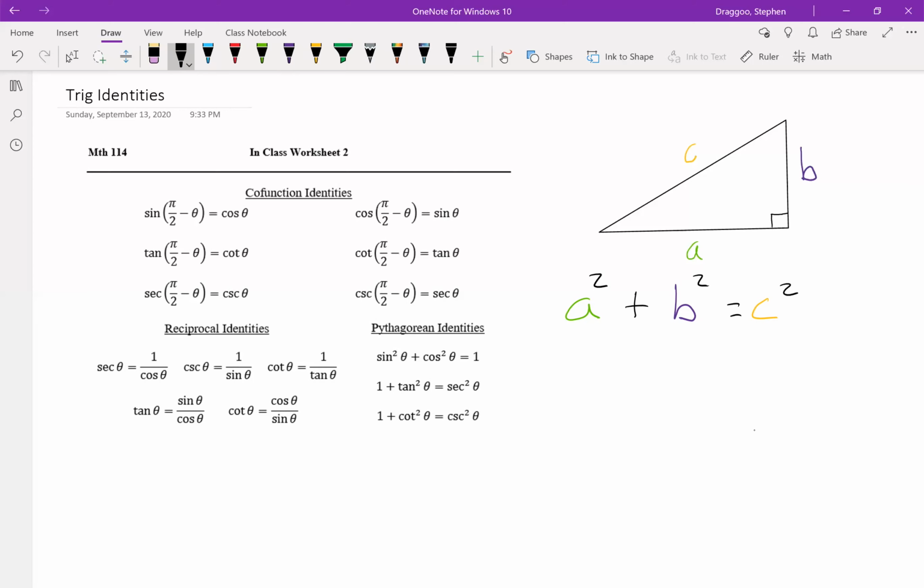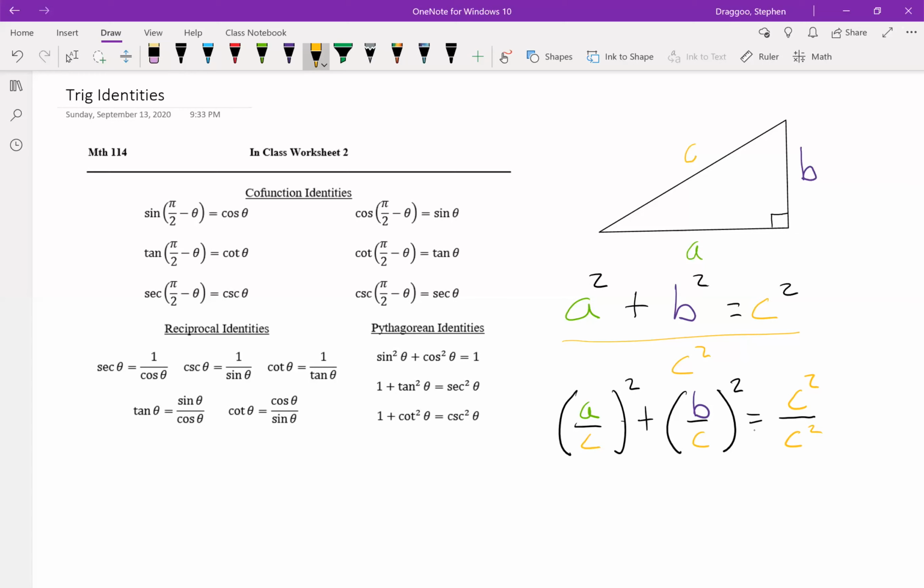And what I want to do here is divide both sides of the equation by c squared. So just getting rid of the length of the hypotenuse. Doing so gives the equation a over c quantity squared plus b over c quantity squared is equal to c squared over c squared.